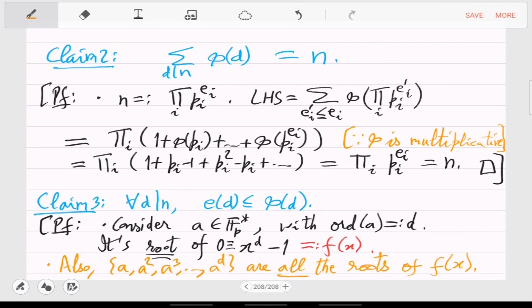Because you are interested in E of D. So which of these roots are of order D?